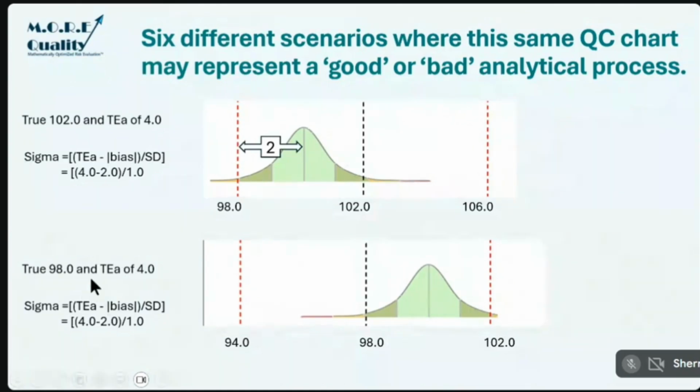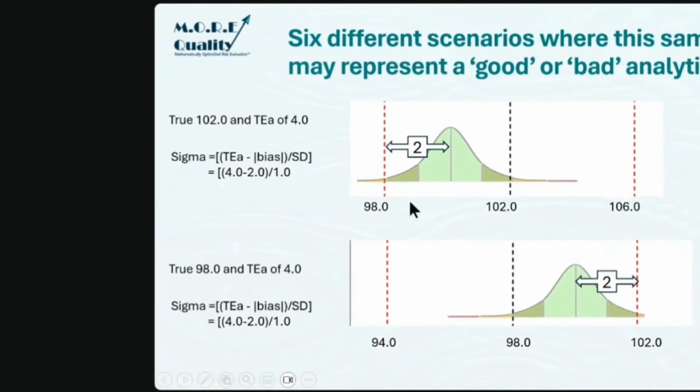If your true value is 98 and the allowable error is 4, then your sigma is 2. This is to the lower allowable error limit. This is to the higher allowable error limit. When you look at the sigma metrics from these, you think they're both the same. If you don't see the image, you don't realize that this one has a negative bias and the one below has a positive bias.